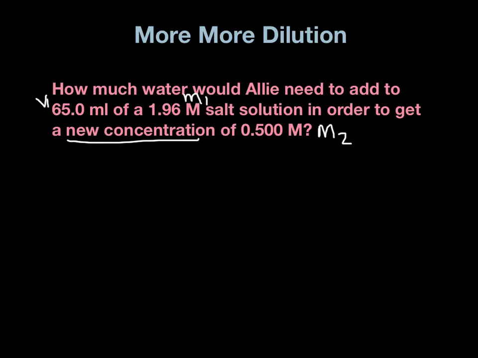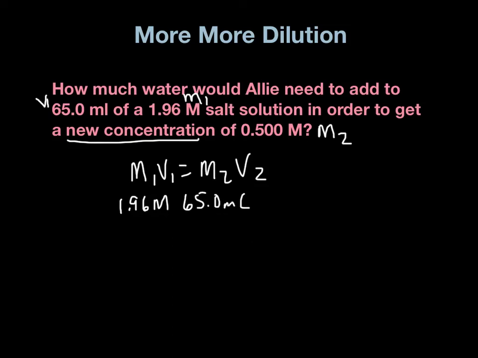There's a little trick to this one though, because it says how much water would she need to add to it. It doesn't say what is the final volume. We have to solve for the final volume first, but then we have to do something different too. So I'm going to start out solving for the final volume. M1 V1 equals M2 V2. And M1 is 1.96 molar. V1 is 65.0 milliliters.